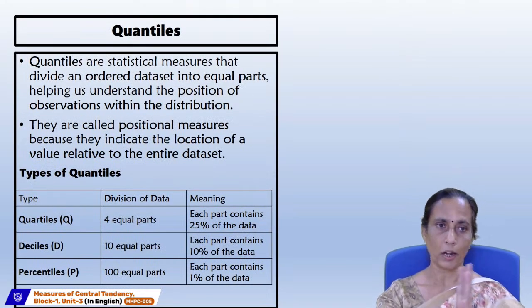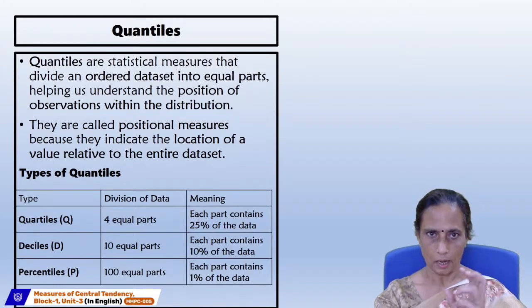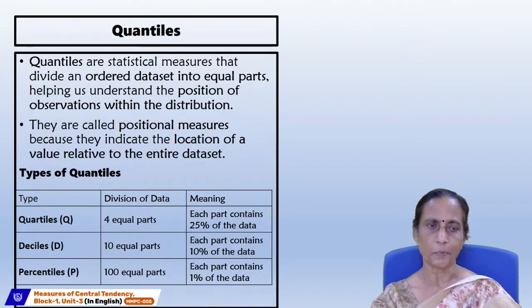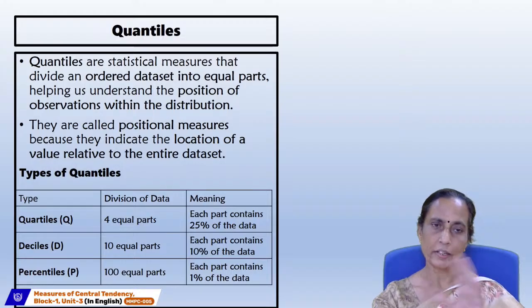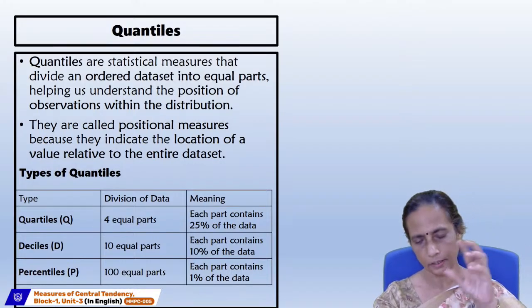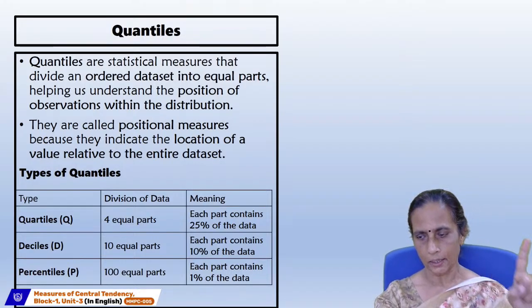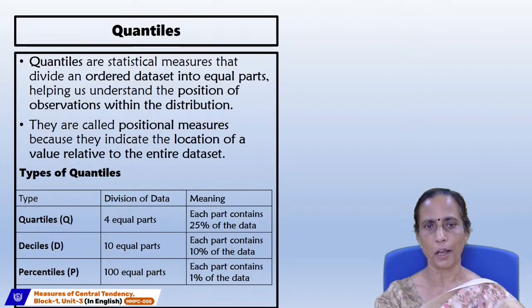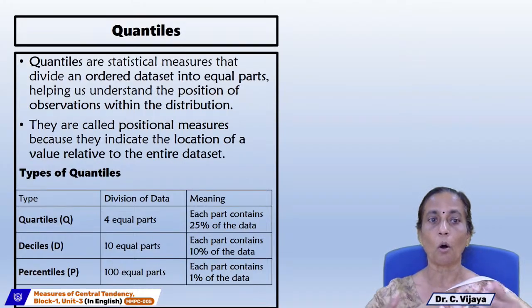Next is your quantiles. It is a basic statistical measure which divides your ordered data set. This also requires, as in case of your median, that your data set should be ordered.